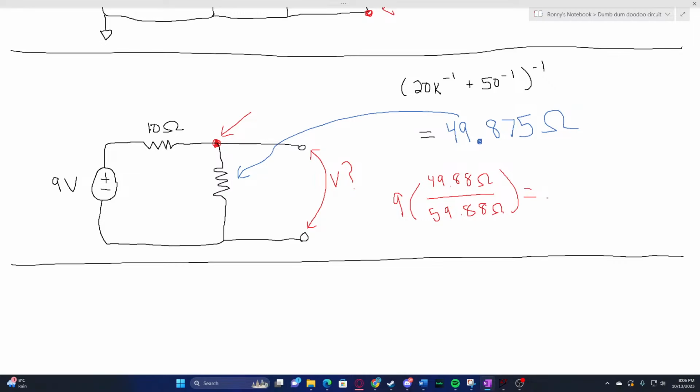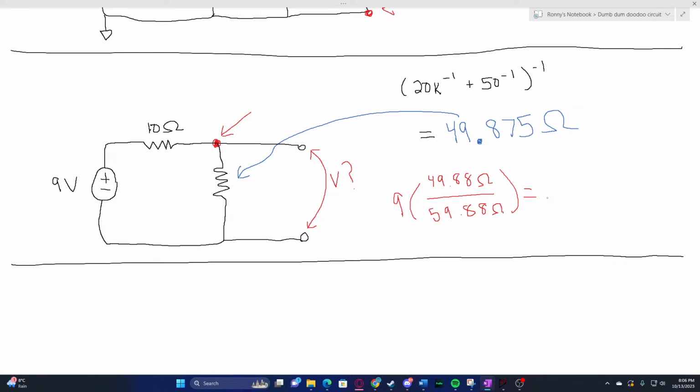The real value of the 49 point something odd ohm resistor is like 49.8753117200698, and my calculator can only go so high in terms of decimal places. So we're going to go with it.